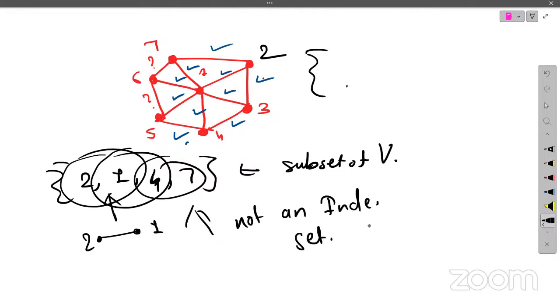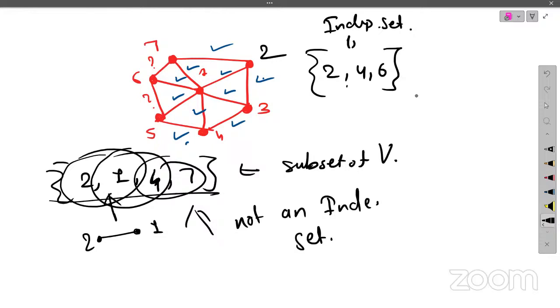So instead of this set, if you consider the set which will contain 2, 4, and 6, right? Now this is again a subset of vertices. But here, what is happening? These vertices are not connected to each other by a single edge. So such kind of subset is known to be an independent set. Okay, so independent set means again a subset of vertices in such a way that two vertices should not be connected by a single edge in that particular subset.